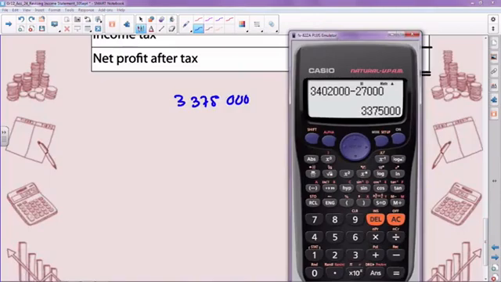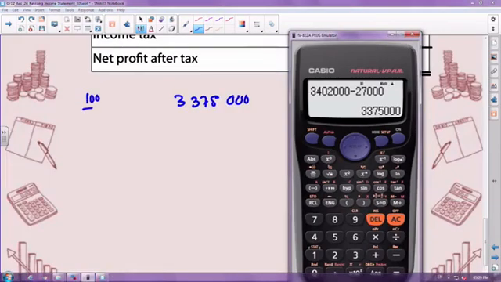Those goods were sold at the normal markup of 50% on cost. So cost, which is 100, over selling, which is 150, times 3,375,000. So we say times 100 divided by 150, and that will give me my cost price of 2,250,000.